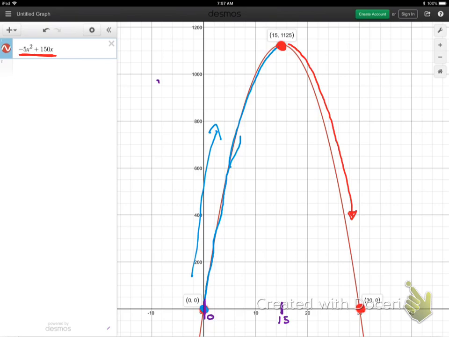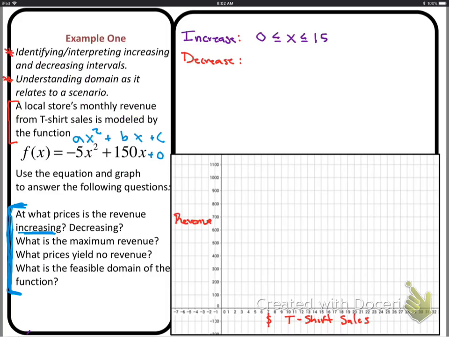From 15, because that's where our vertex is, that's where we start descending. So our decrease starts at 15 and goes to 30. Between 15 and 30, we have our decrease.